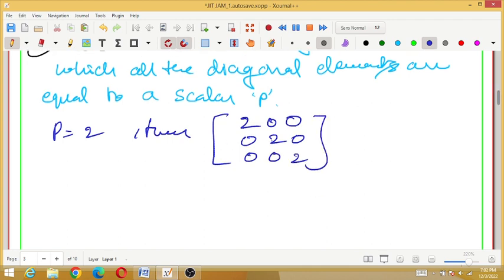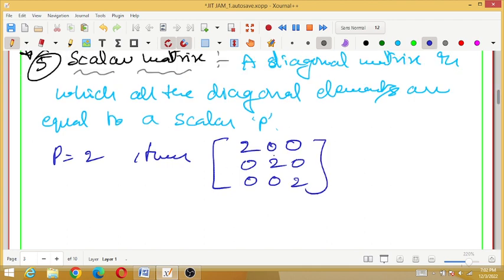Here in this scalar matrix, all the diagonal elements are equal to the scalar P. So this is a 3 by 3 scalar matrix.